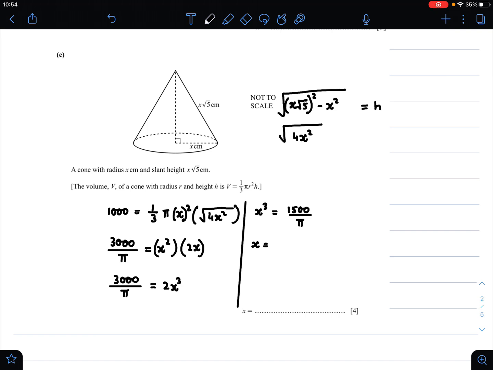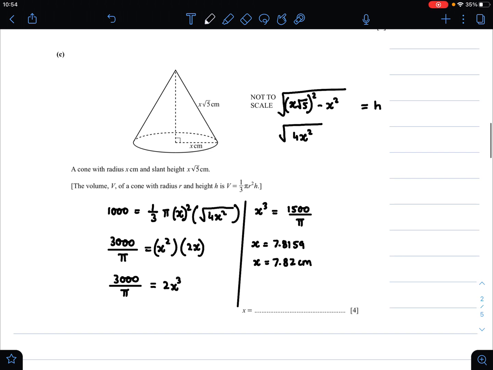So cube root of 1500 divided by pi is equal to 7.8159, and since we need to give our answer in three significant figures, our final answer for part C will be 7.82 centimeters. Now let's move to part D of this question.